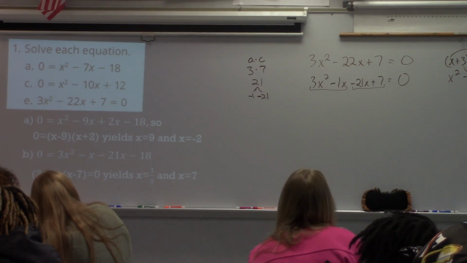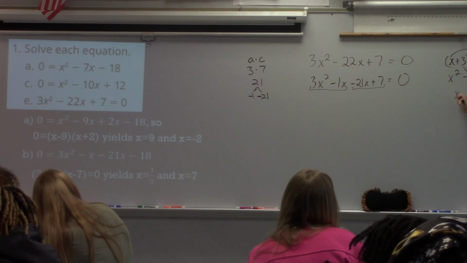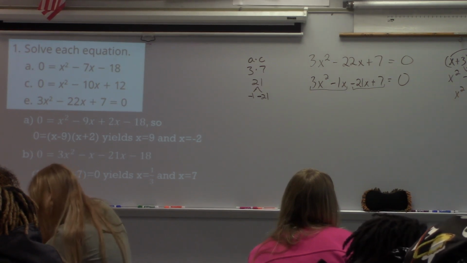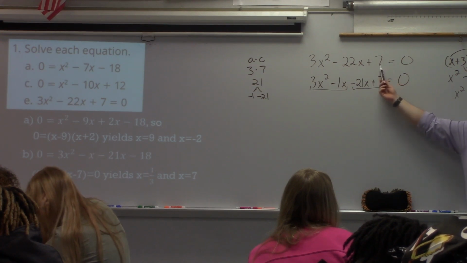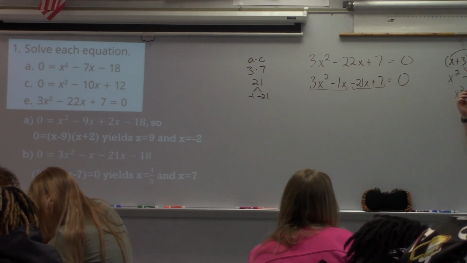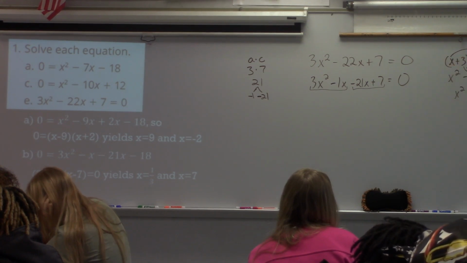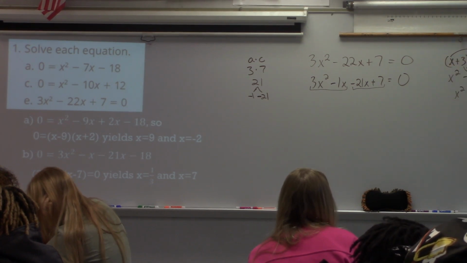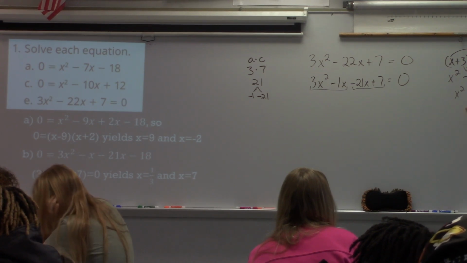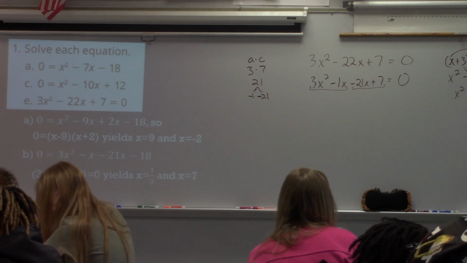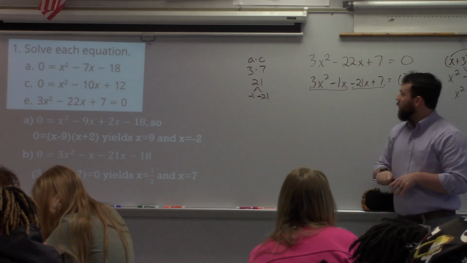But when I distribute, I get 4 terms. Then I simplify to get down to 3 terms, right? So here I have 3 terms. I need to get 4 so that I can then factor, right? The whole idea is that the A and the C are staying the same. I'm just splitting up that middle term because that's what I added together after I distributed. So I need to figure out what this was originally so that I can factor. So 3x squared minus 1x.